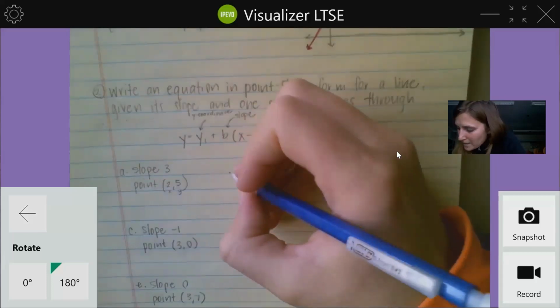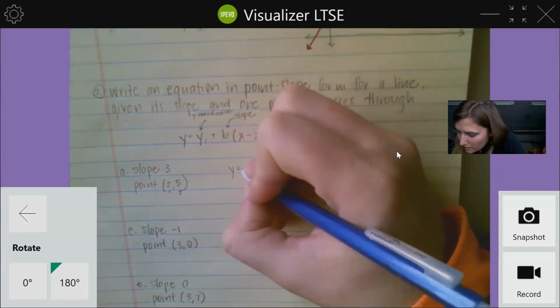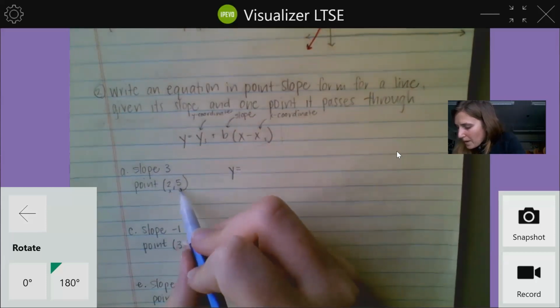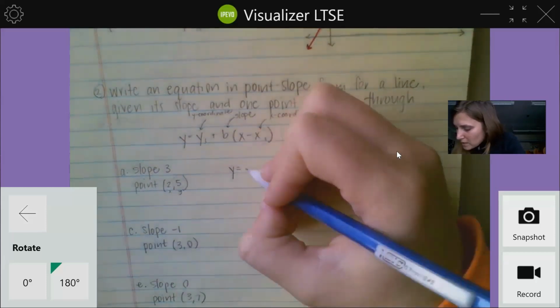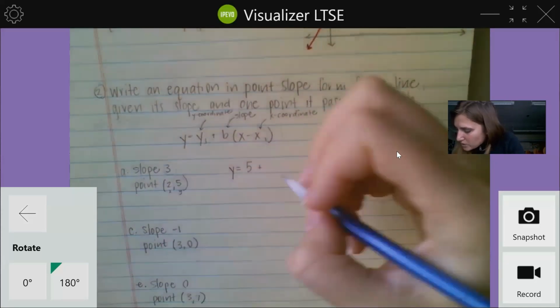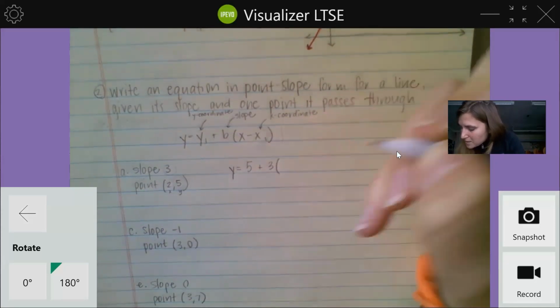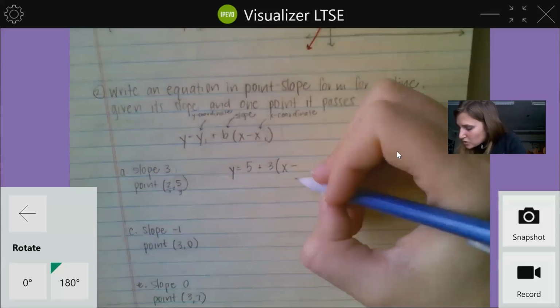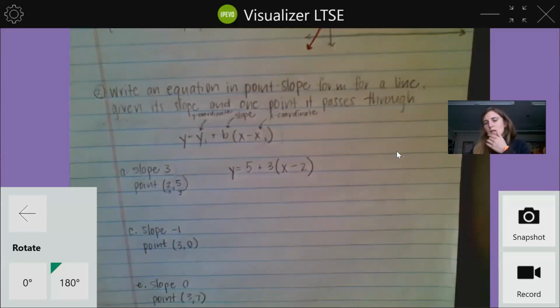So I get y equals, always start like that, y equals, then y1, so that's going to be the y coordinate of my point, which is 5, plus my slope, which is 3, times x minus my x coordinate, which is 2. And that's that.